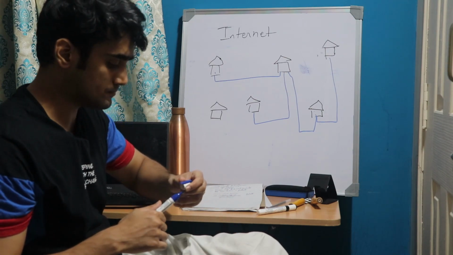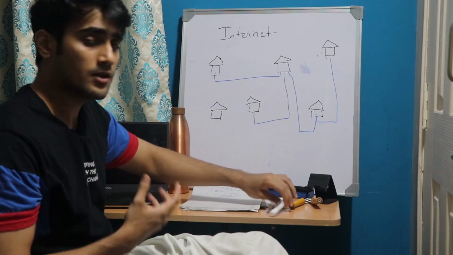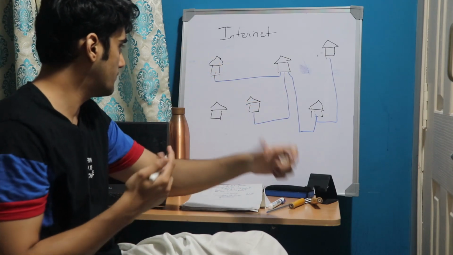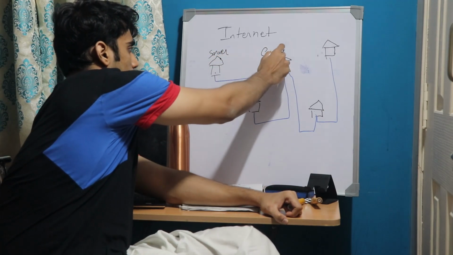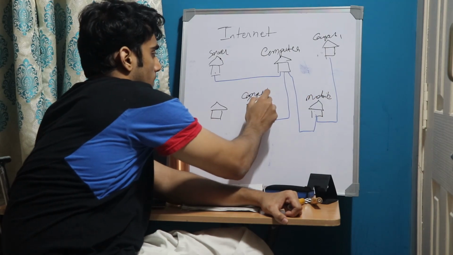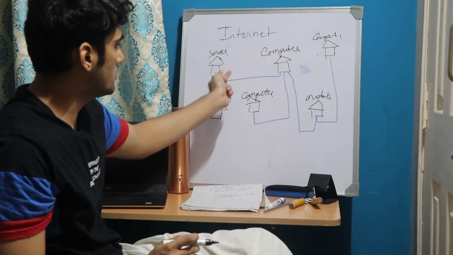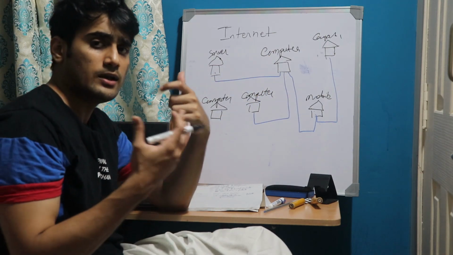That is one of the basic ideas of the internet. But in the case of the internet, these houses are computers or servers, and these roads are communication systems through which computers, mobile phones, or computational devices are linked to each other.